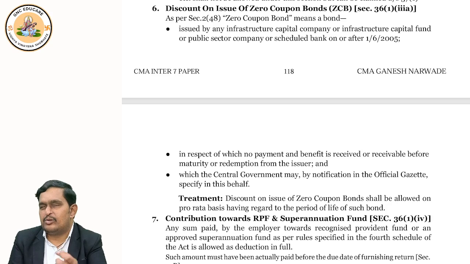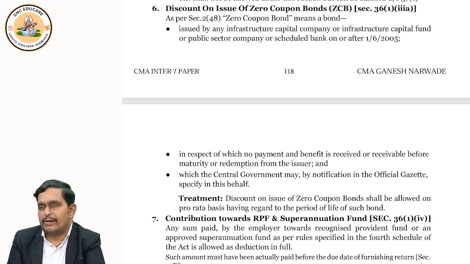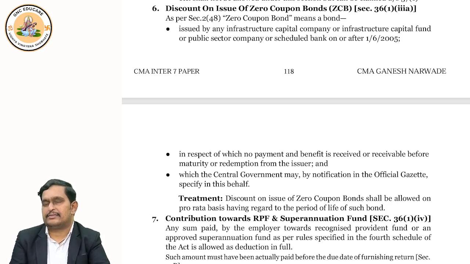But when to show this expenditure? The difference between 80 rupees and 100 rupees is 20. But when to show this 20 rupees as an expenditure? The answer is on proportionate basis. Right? On proportionate basis, they should deduct the interest. Every year they can deduct, no problem. But how? We have to calculate the proportion and accordingly we should do.